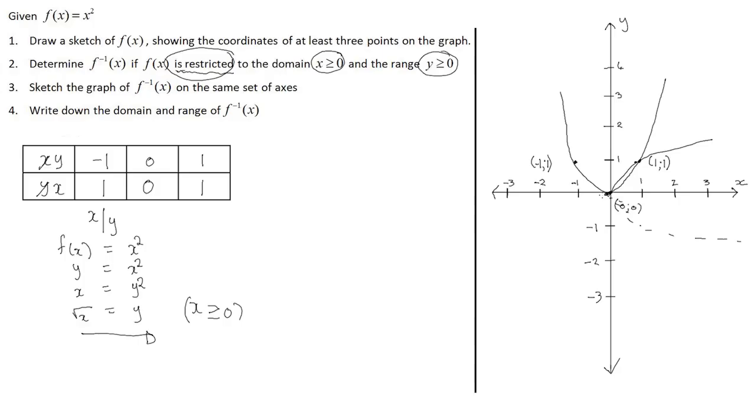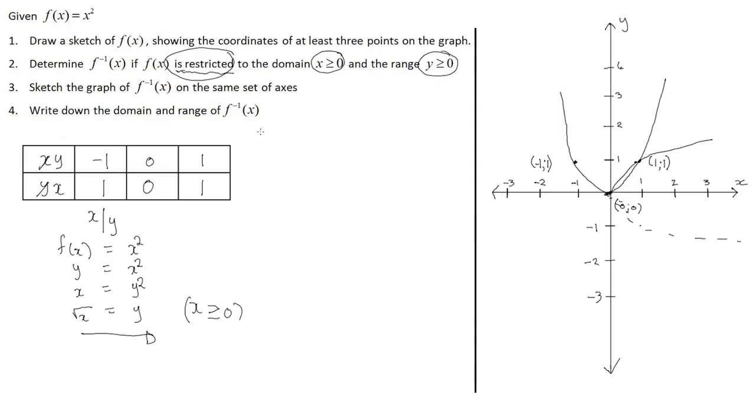So when we look at the inverse graph, the domain, right here, you can see that we have right up till 0, we have all the x values, but it does not continue into the rest of the other negative x values. So what can we say?